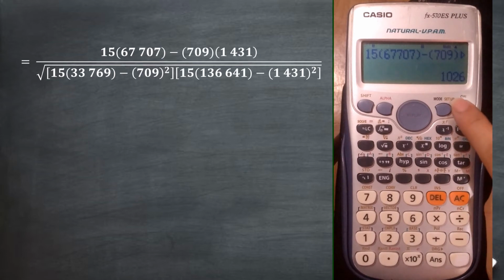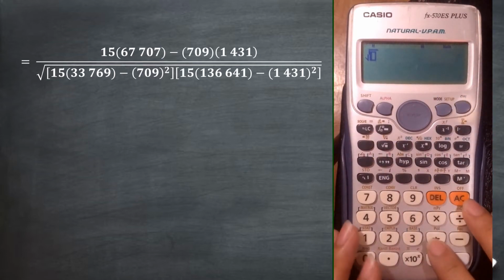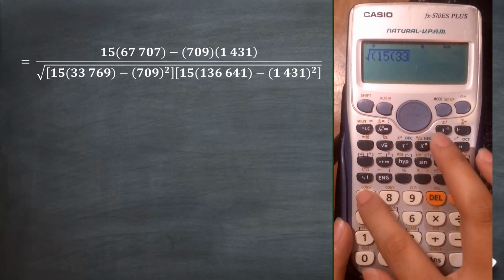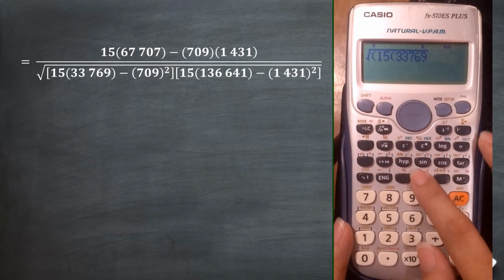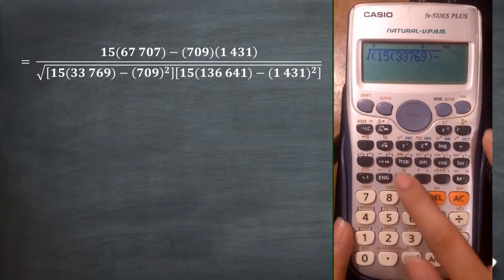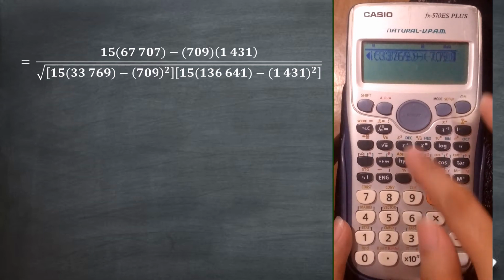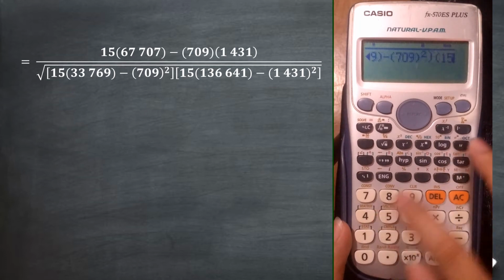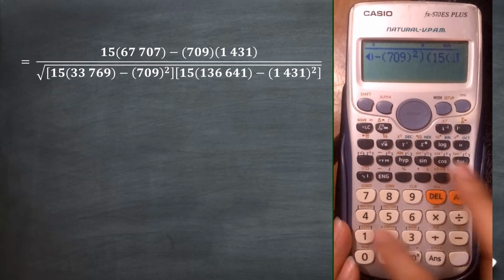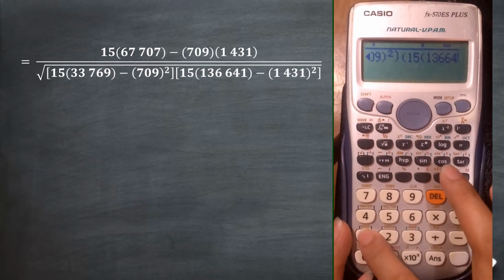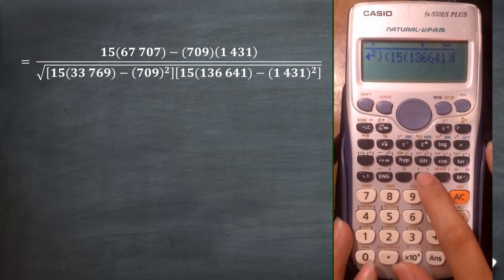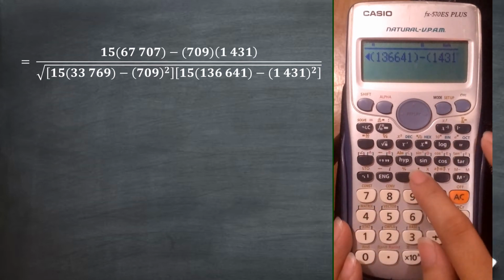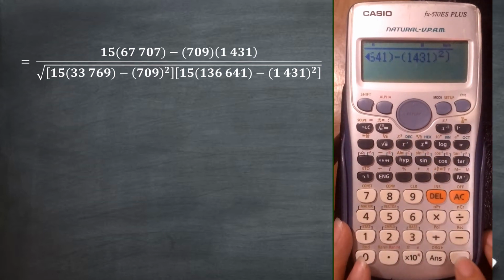And then for the denominator naman, square root of open parentheses 15 times 33,769 minus open 709 close squared, close, open 15 open 136,641 close, then minus open 1431 close squared, close, equal sign.